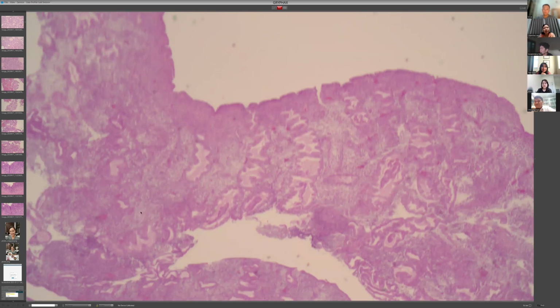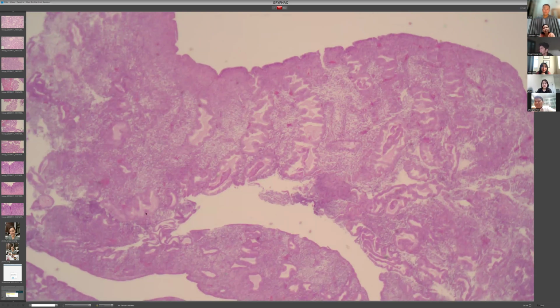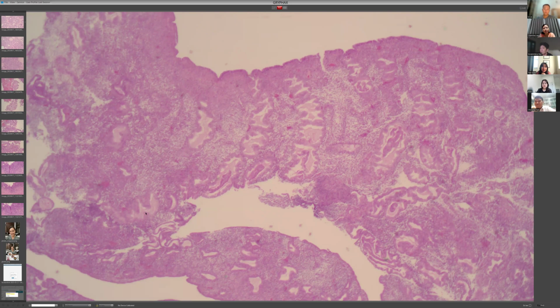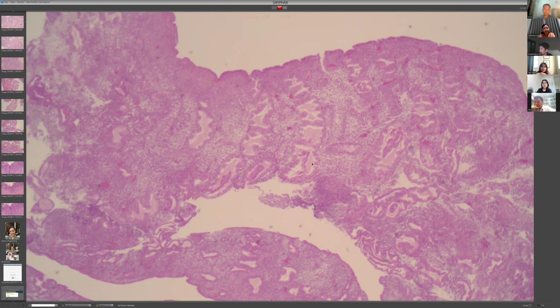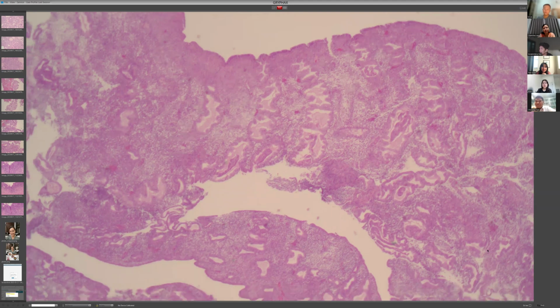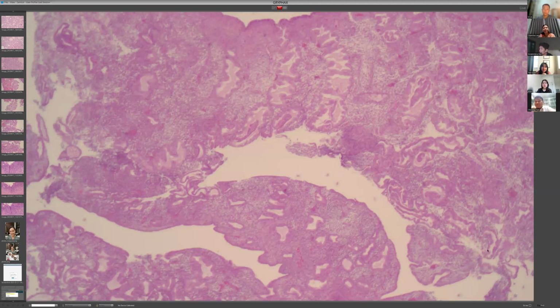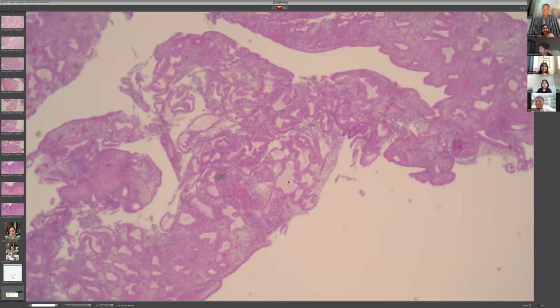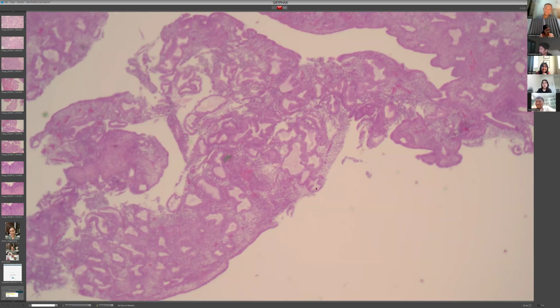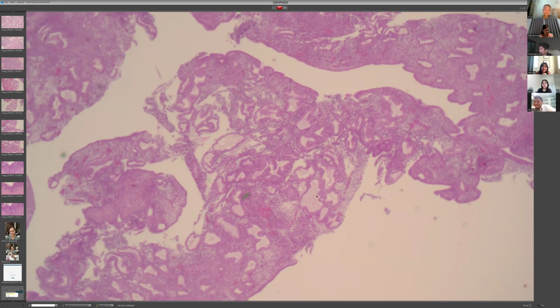I think the glands here are very dilated and angulated. Yes, very good, dilated and angulated, those are the perfect words. And what is this pink material in your dilated and angulated glands? Just secretion. Maybe a tricky question, but it's the secretion of your glands.